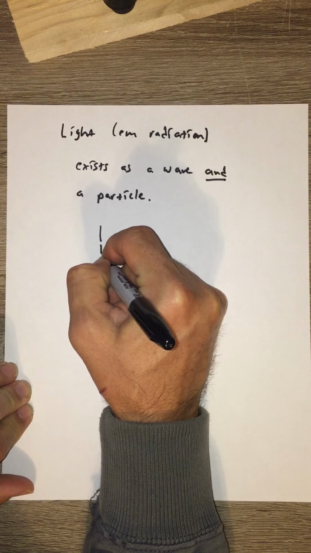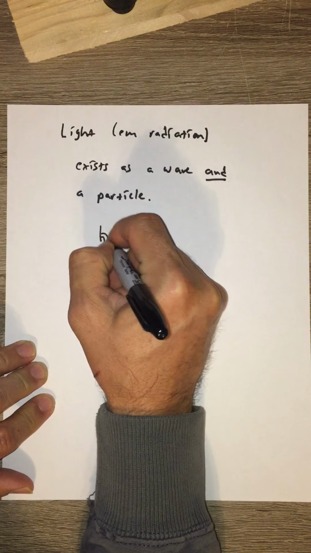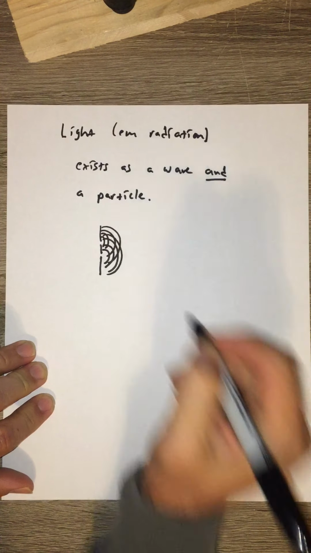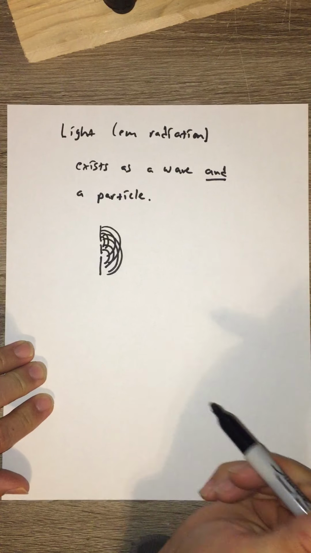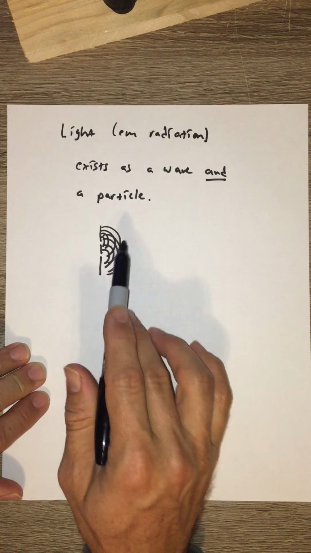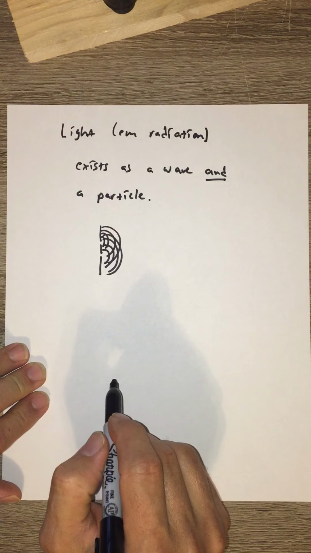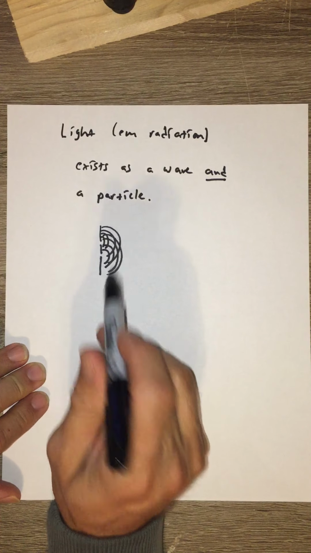Remember what that looks like. The light is incident upon this barrier. As it passes through these slits, it spreads out and starts to interfere with itself. This is proof positive that light is a wave. But we also saw the photoelectric effect, which is proof positive that light is a particle.